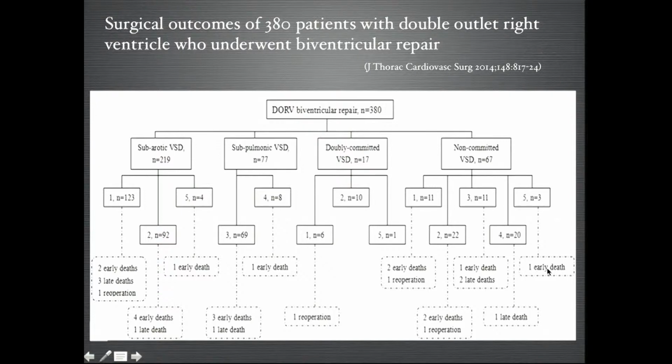With DORV and a non-committed VSD, rerouting inside the left ventricular outflow tract is very difficult, so we should do univentricular repair.